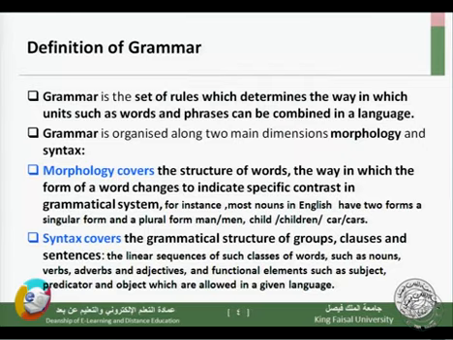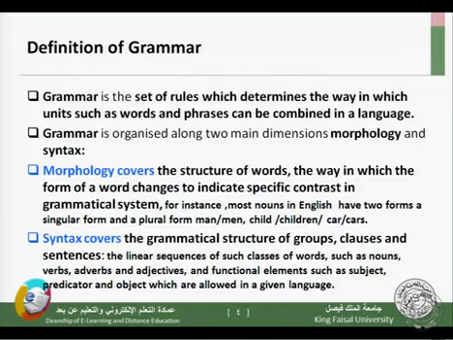We will come to it in more detail, but it is important to know what we mean by syntax. All right, so this is it in front of you, and it explains itself. But you need to know what we mean by adjectives. We need to know what we mean by functional elements such as subject, predicate, and object, which are allowed in a given language.